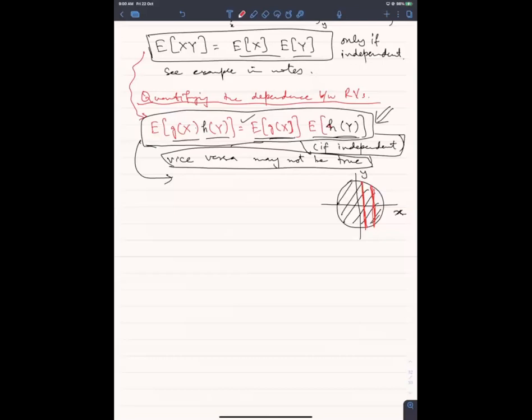But we will show that कि इस तरह के केस के अंदर जहां पे ये यूनिफॉर्म और इस तरह के सर्कुलर रीजन के अंदर सिमेट्रिक में, this thing will be true. Okay? Expected in this case, expected value of x and y specifically would be equal to expected value of x, expected value of y, but x and y are not independent.